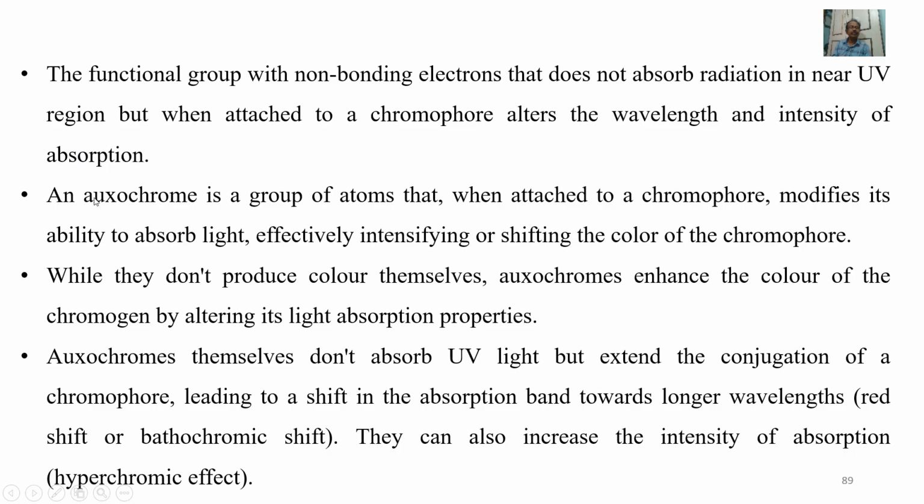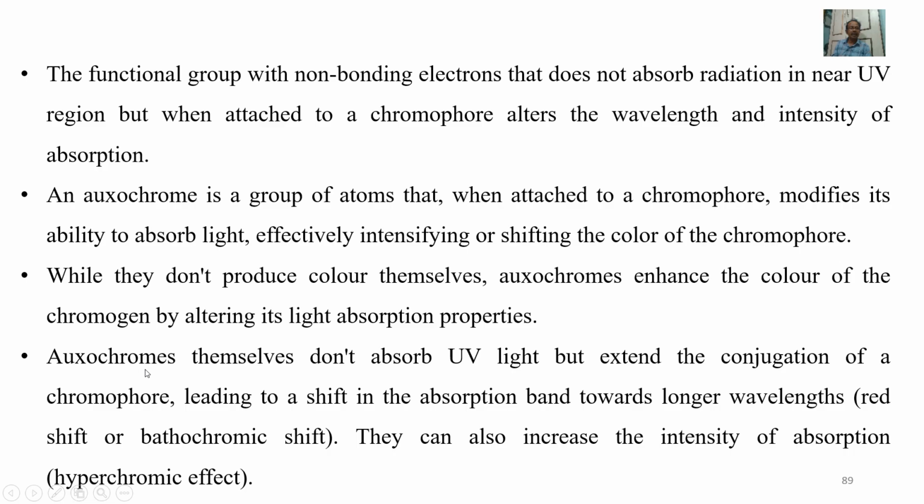An auxochrome is a group of atoms that, when attached to a chromophore, modifies its ability to absorb light, effectively intensifying or shifting the color of the chromophore. While they don't produce color themselves, auxochromes enhance the color of the chromogen by altering its light absorption properties.